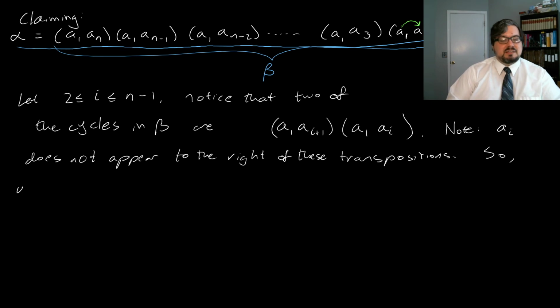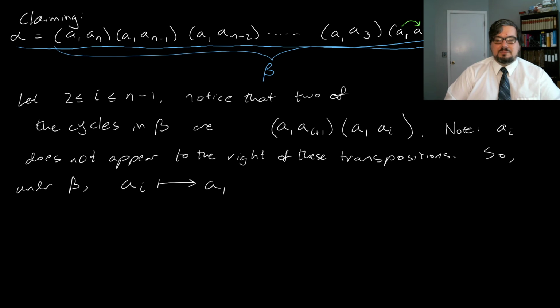So that means that under beta, A_i goes to A_1 under this first transposition here.